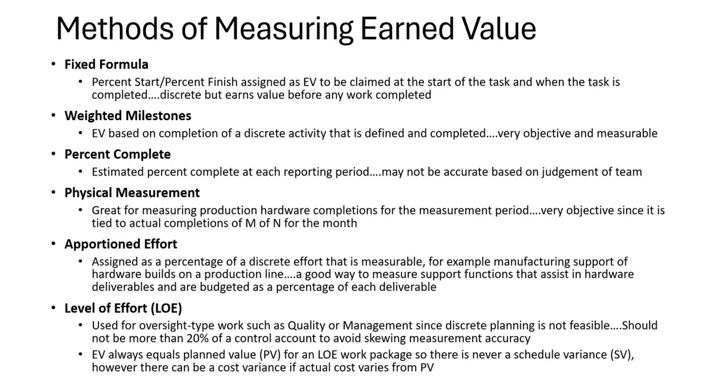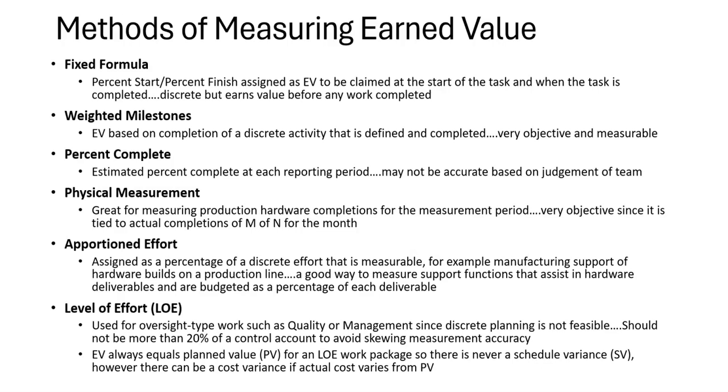Apportioned effort next is assigned as a percentage of a discrete effort that is measurable. For example, manufacturing support of the hardware builds we just mentioned on a production line. There's a certain amount of manufacturing engineering support that is funded, budgeted, as your planned value for each piece of hardware you complete.